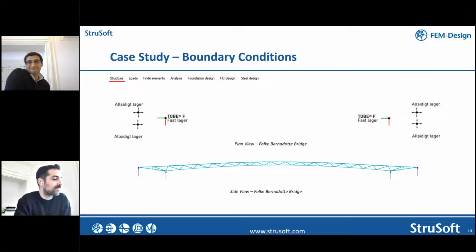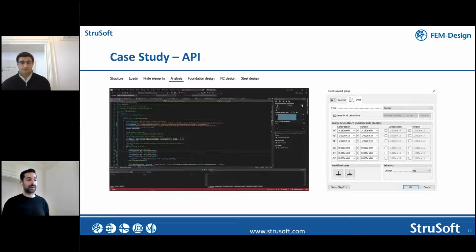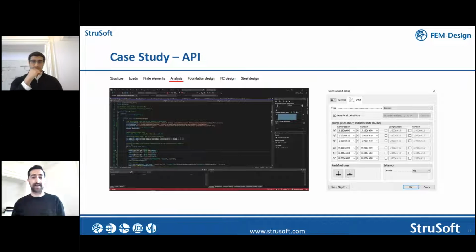And yeah. Nice. So what we will look at is how we can vary the parameters of the longitudinal stiffness, the support stiffness, the green line or pile, through the FEM-Design API. And I will show how I've done it. I will not go into details because a colleague of mine, Johanna, had a very brief and thorough webinar about this topic where she went through it row by row.